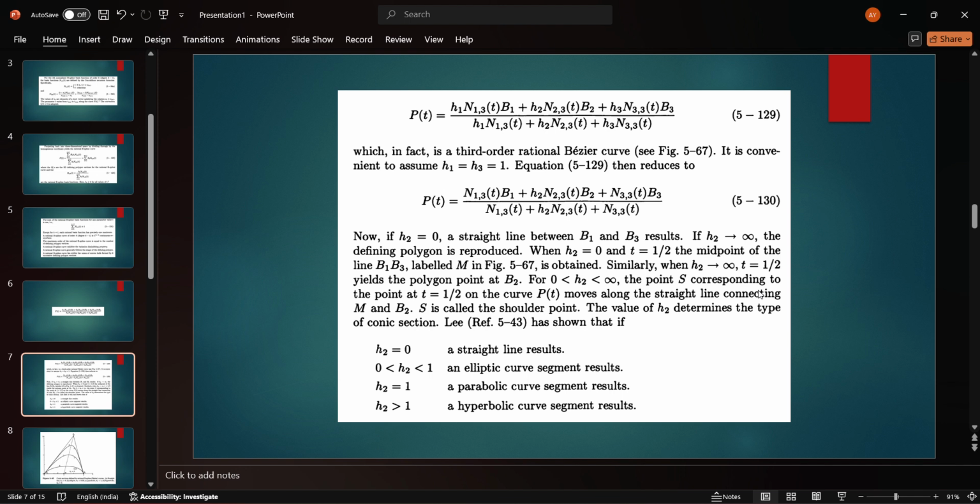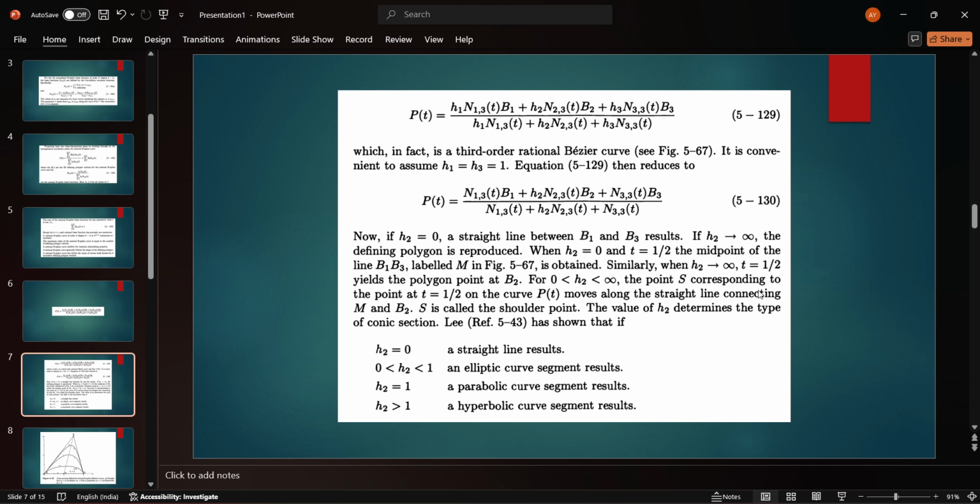Now if h2 is equal to 0, a straight line between b1 and b3 results. If h2 tends to infinity, the defining polygon is reproduced. When h2 is equal to 0 and t is equal to 1 by 2, the midpoint of the line b1, b3 labeled m in the figure is obtained.